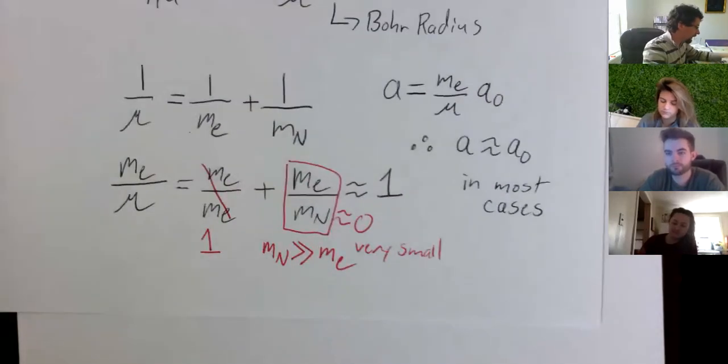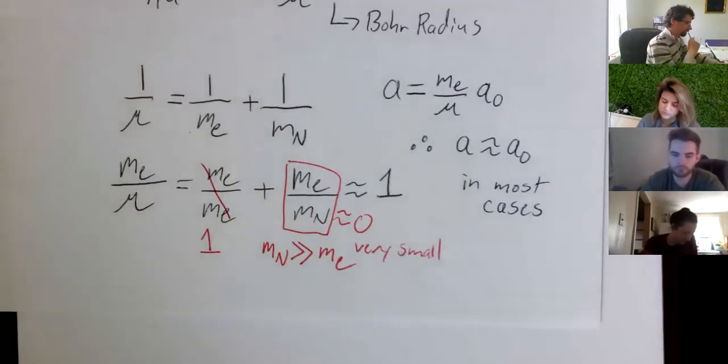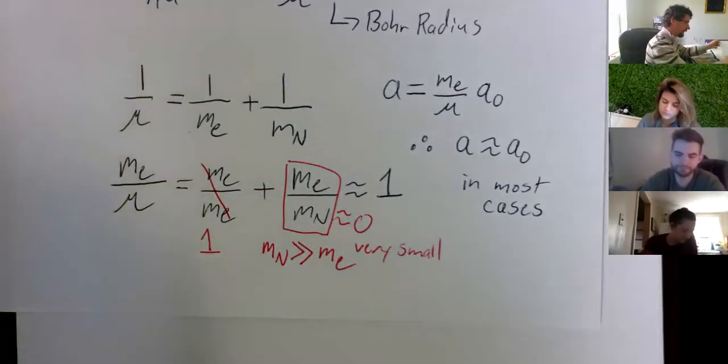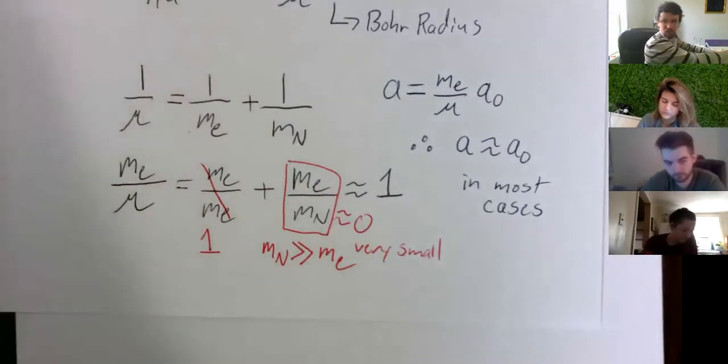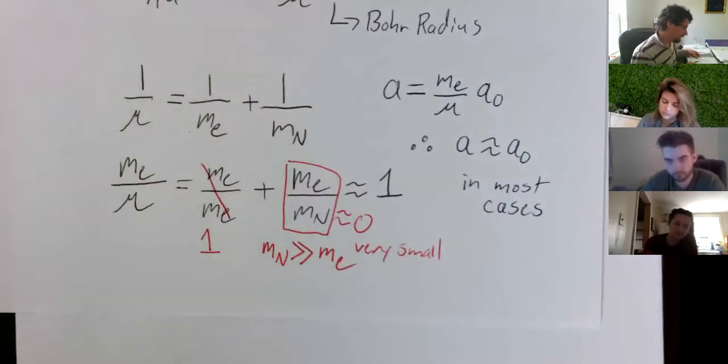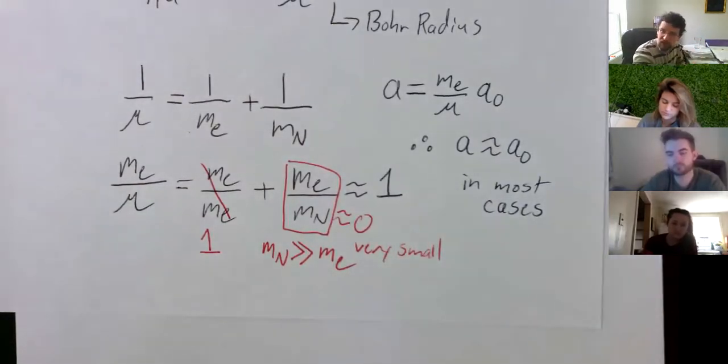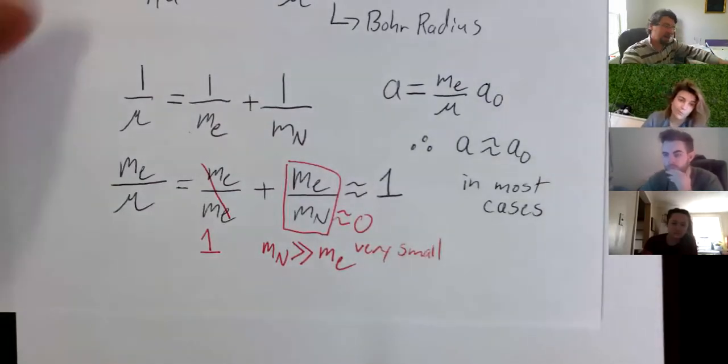So before we go any further, we're going to ask some questions about what the wave function looks like for a hydrogen atom. And we have to specify different orbitals and so on. Okay?